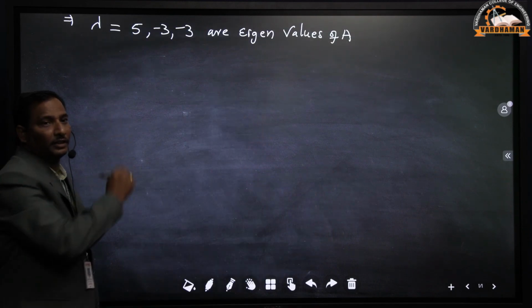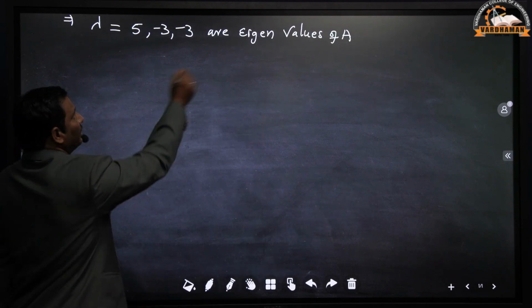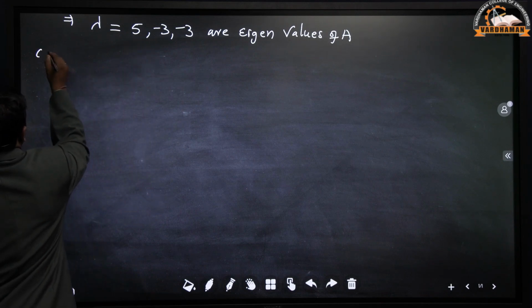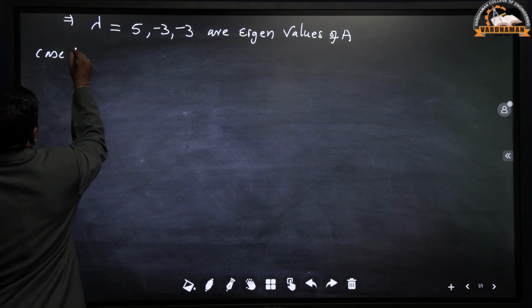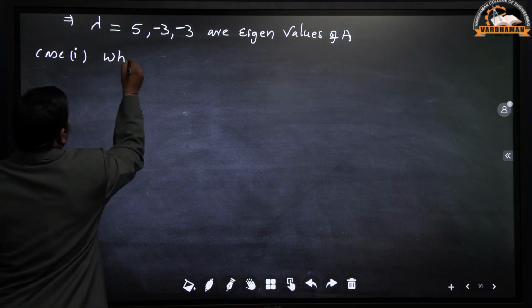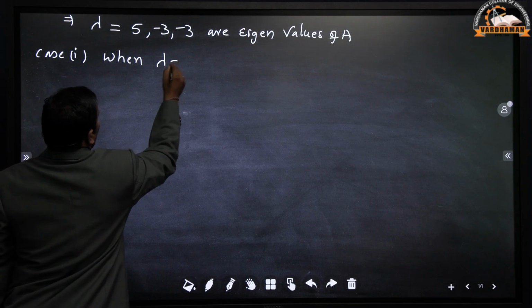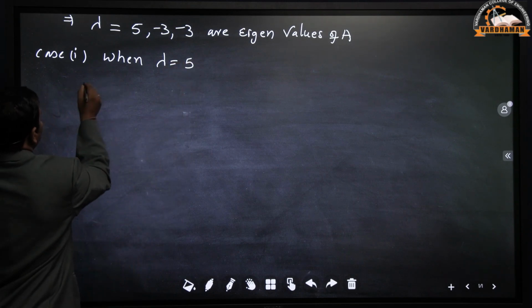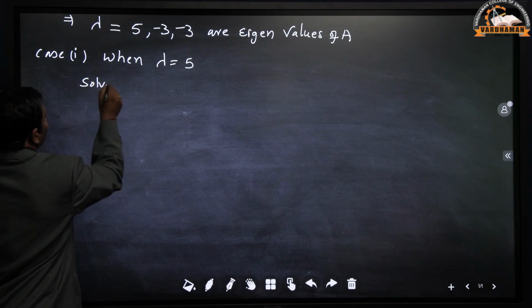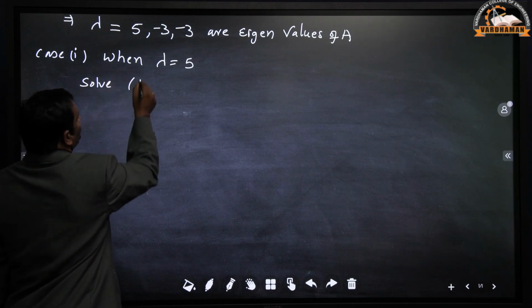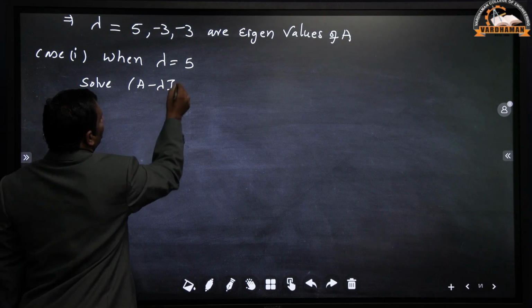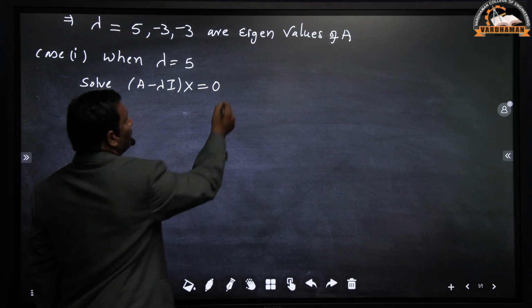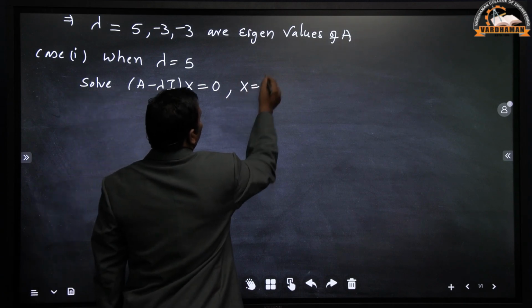Let us find the eigenvectors of the given matrix A by using these eigenvalues. So we will take cases 1 and 2. Case 1, when lambda is equal to 5. For this we need to solve the homogeneous system, that is, solve A minus lambda I into x equals to 0, where x is a non-zero vector.